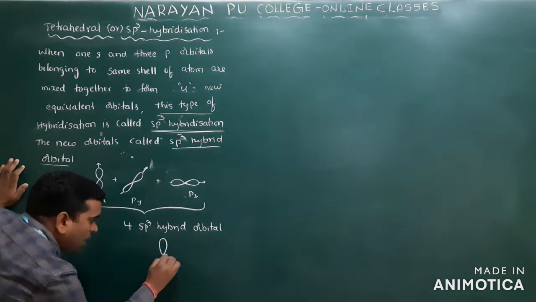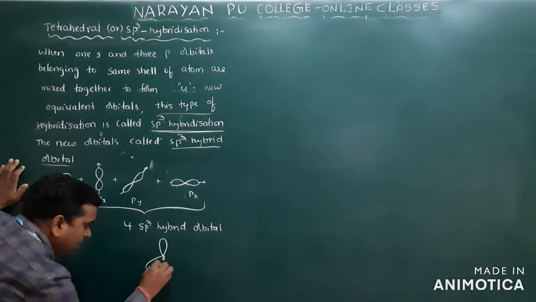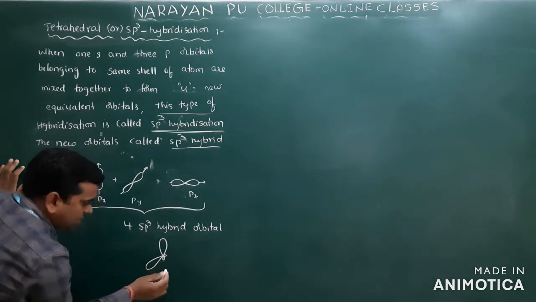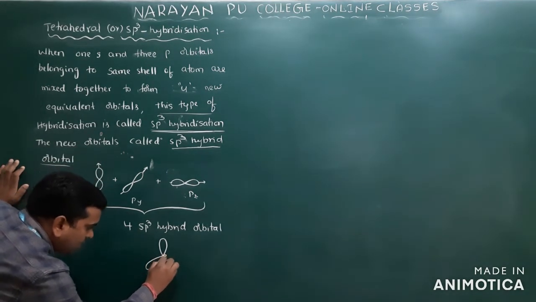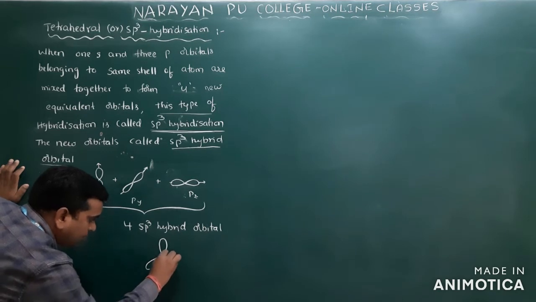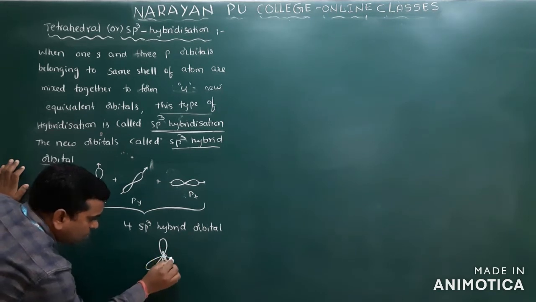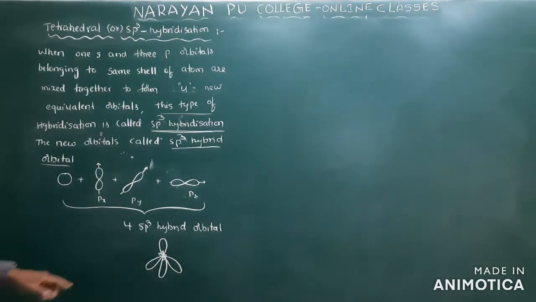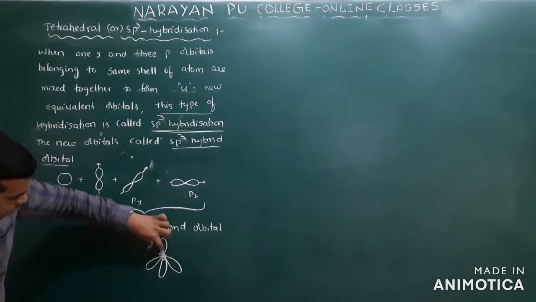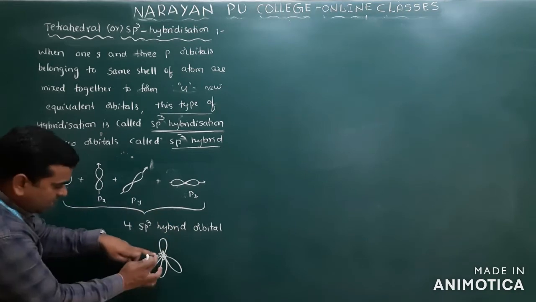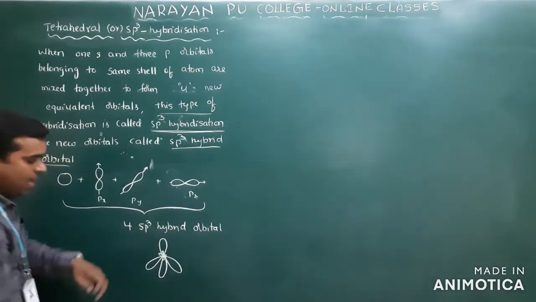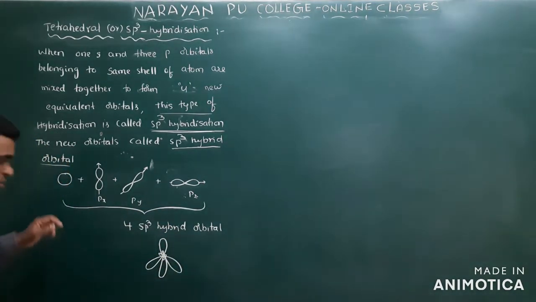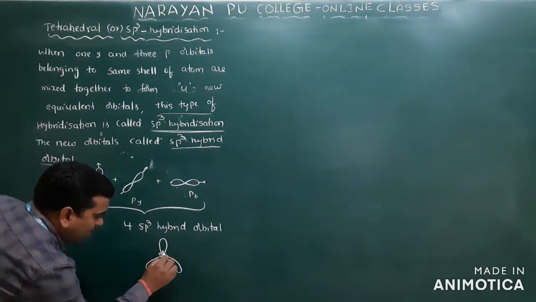This is one lobe, and here there will be another lobe. This one will go back actually. You see 3 lobes are there, and this one will be on the back side.